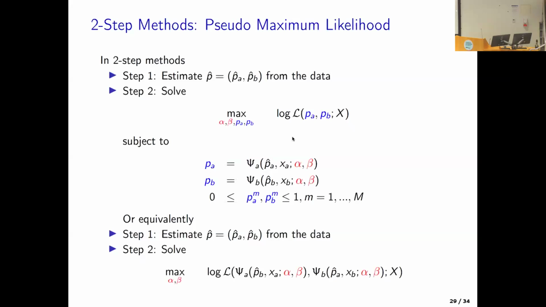It's easy to construct your likelihood. Okay, you just use these formulas inside of the likelihood, right? So it's these best response functions initialized at the estimated CCPs as a function of the structural parameters that enter into that likelihood function. Okay? So that's what you do.